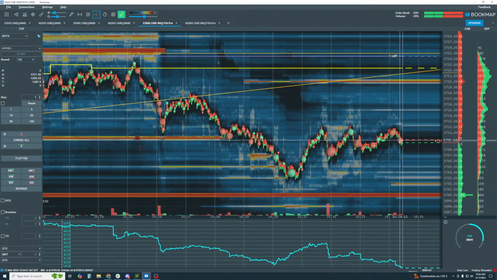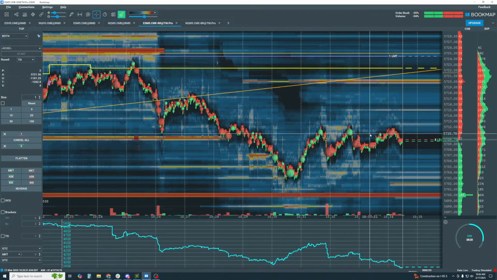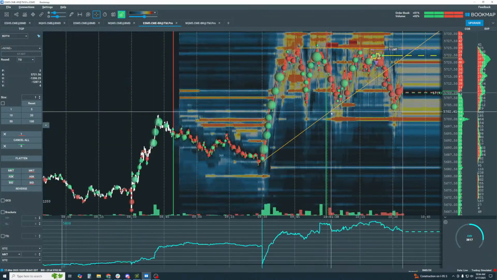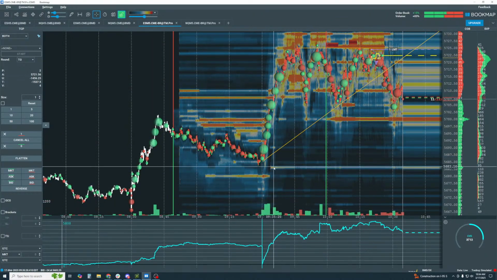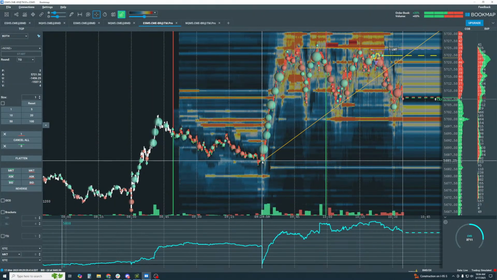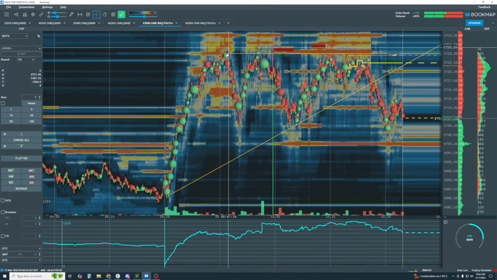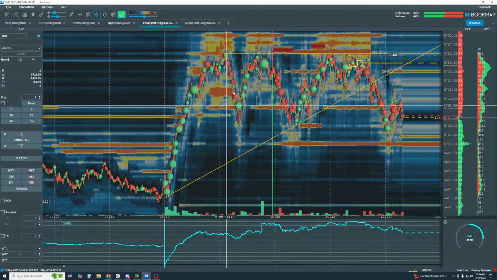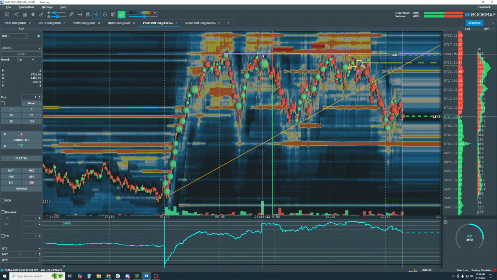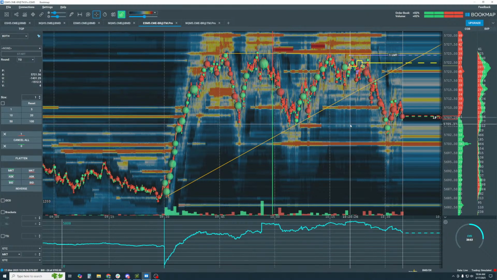If you guys trade the opening range breakout, we can take a look at that. What does that opening range breakout trade look like in here? So it's a huge range from here to here, and it has not broken any of the range yet.